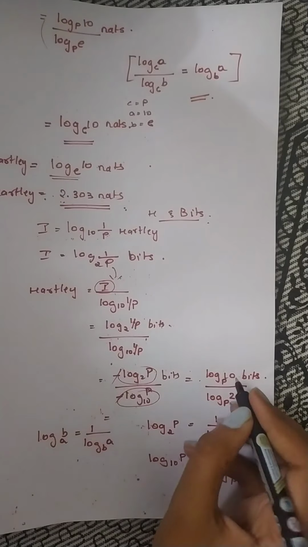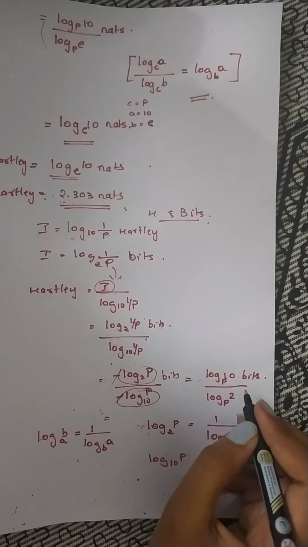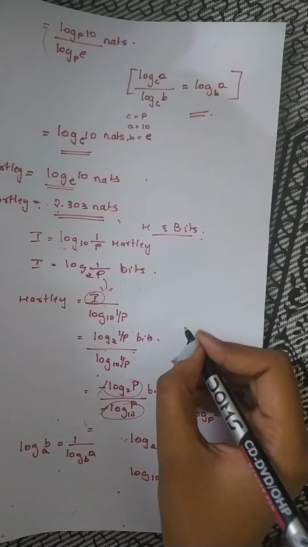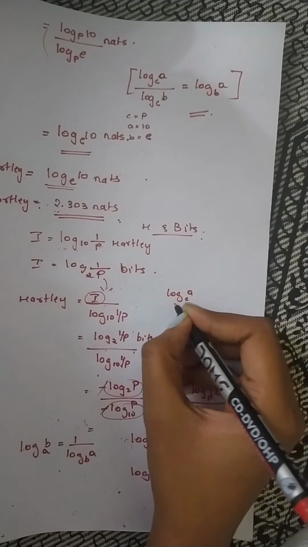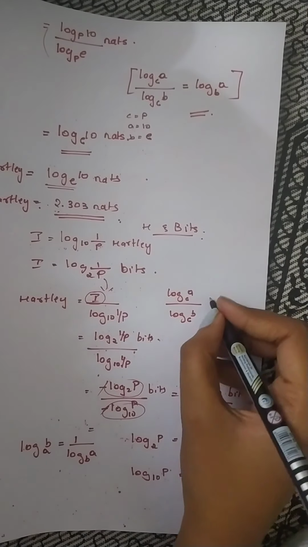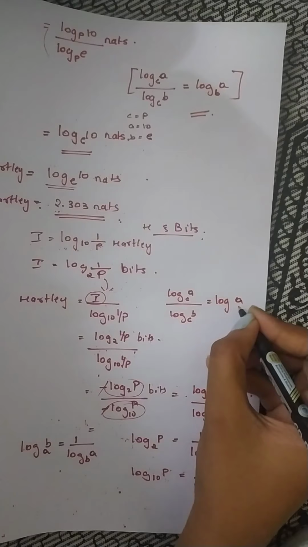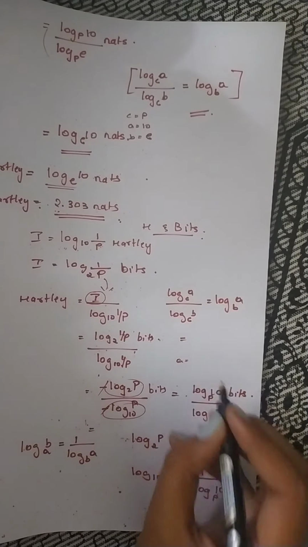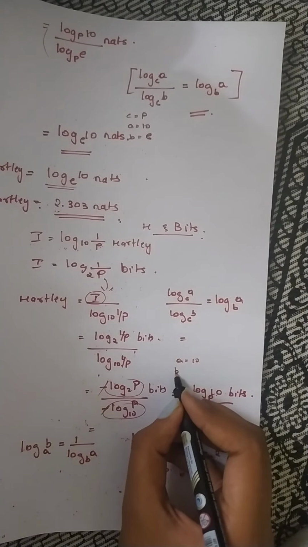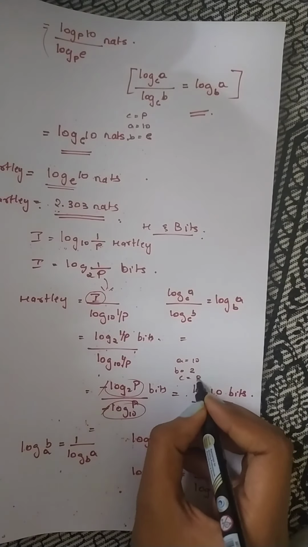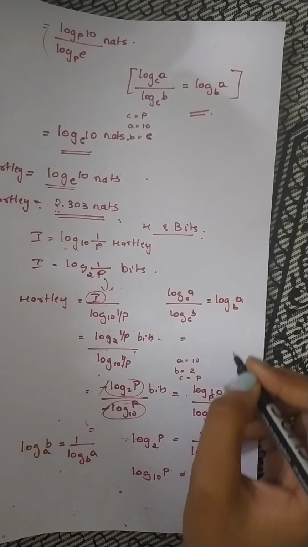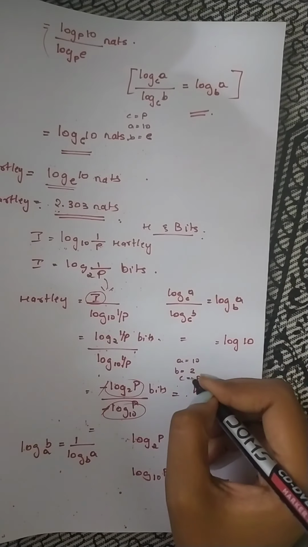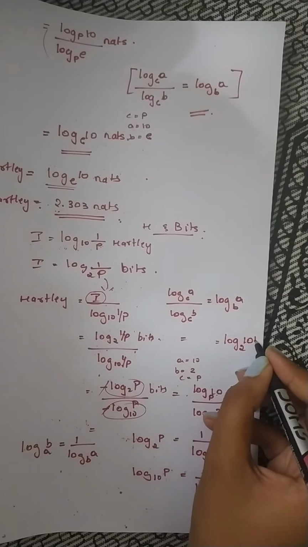Now from this equation again you have a formula, that is log A to the base C divided by log B to the base C is equal to log A to the base B. So from this you can write it as, here A is nothing but 10, B is nothing but 2 and C is nothing but P. So I can rewrite this as log 10 to the base 2 bits.